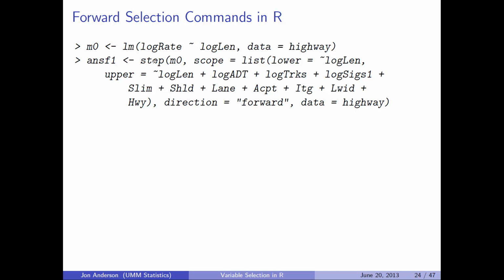And then I invoke the step function which says, okay, start with this base model and let's go direction forward, and let's let the smallest model that we will be satisfied with be the log length. I'm not willing to think about any model that wouldn't have that. And let's let the most complex model be all of these predictors, if we need it. And then let's go forward.